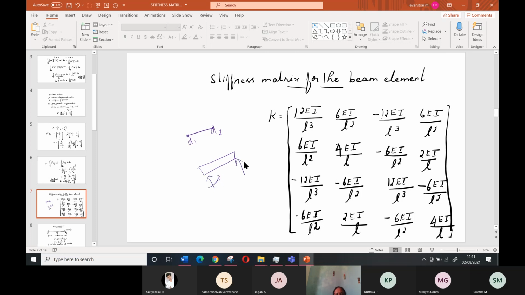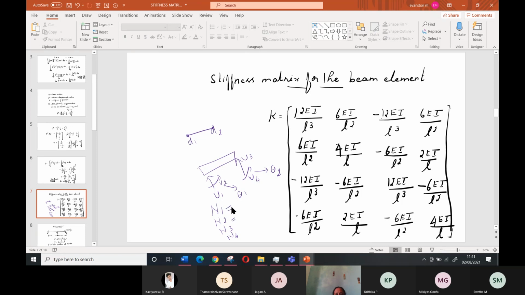So you will have U1, U2, U3 and U4. U2 I have taken as theta 1 and this I have taken as theta 2. So you remember we have got the shape functions N1, N2, N3 and N4 for the beam element.